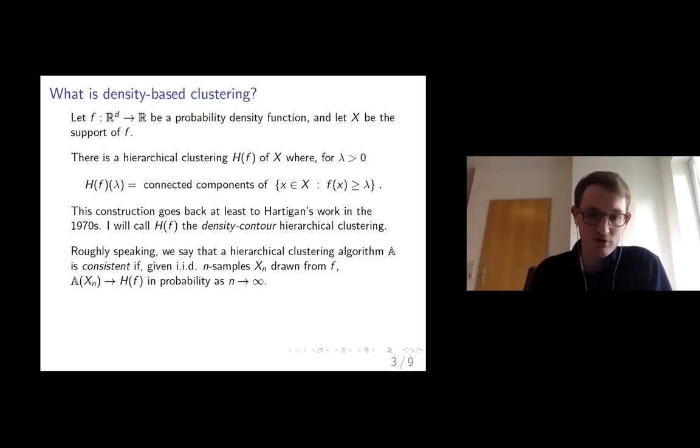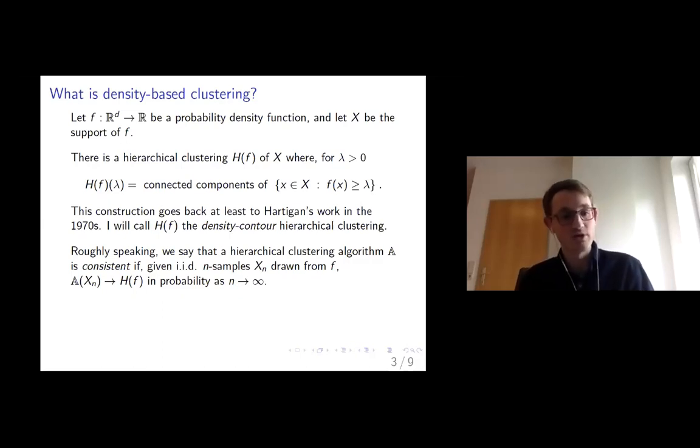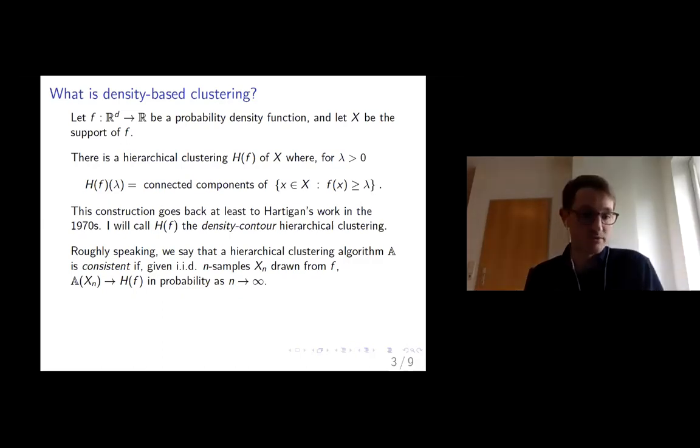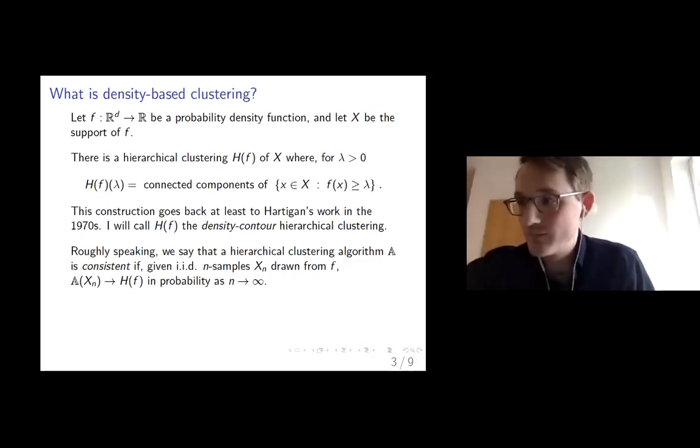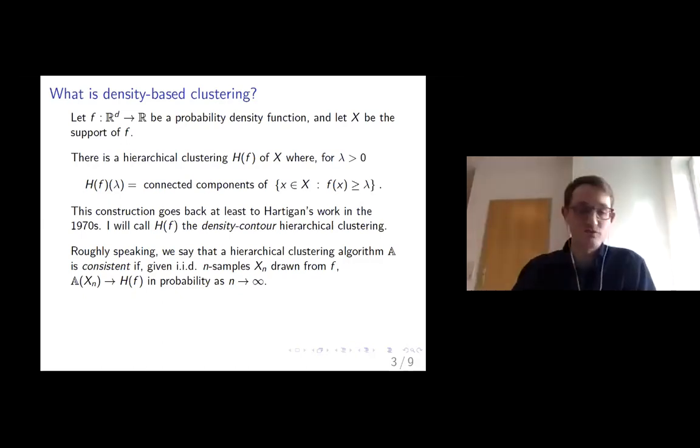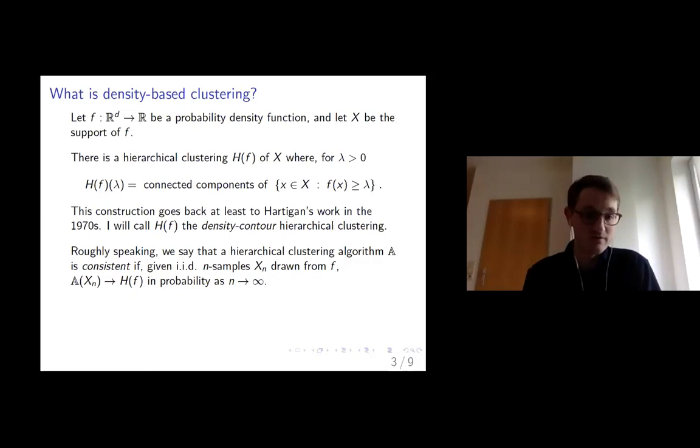We say that a hierarchical clustering algorithm A is consistent if, given a sequence of IID samples drawn from the density, the hierarchical clustering we compute of the samples converges in probability to the density contour hierarchical clustering. This is not a precise statement. I have not said what it means for a sequence of hierarchical clusterings to converge. There are various ways to make this precise, and I'll talk about one way to do that in a minute.